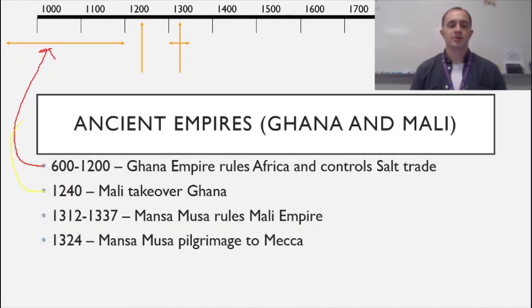The Mali Empire takes over where Ghana once was and expands even more. With the Mali Empire, we see the rise of Mansa Musa, who we talked about a lot in the past. Mansa Musa was a great leader, incredibly wealthy, one of the wealthiest people in all of human history. Mansa Musa rules the Mali Empire for a long period of time, from 1312 to 1337 AD.